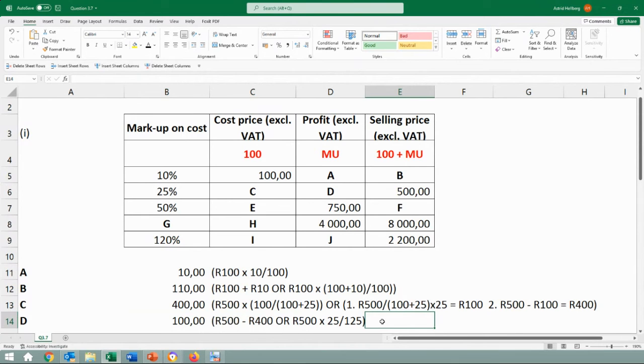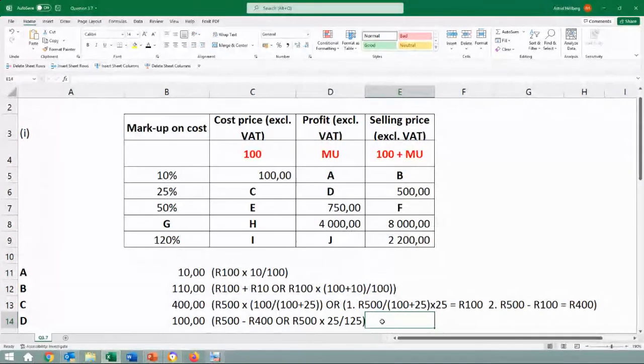Yes, so number E, I basically did 750 times 50% again, and I got the answer of 375. Okay, so you took the 750 and you multiplied it with 50%. Yes.